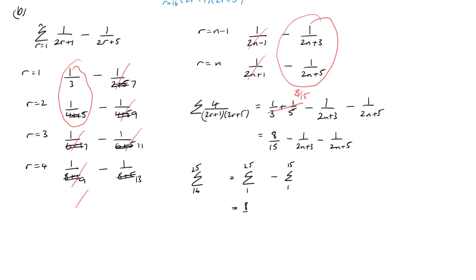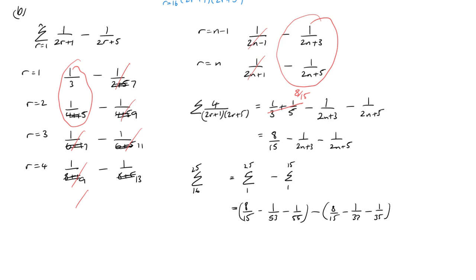So that is 8 over 15 minus, so sticking 25 in here, we got 1 over 53 minus 1 over 55, minus 8 over 15 minus 1 over 33 minus 1 over 35.